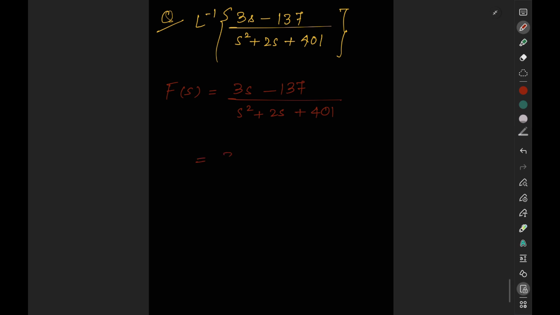So this can be written as 3s minus 137 upon s square plus 2s plus 1 plus 20 square. Now in the numerator we can write this as 3s minus 140 plus 3, so that we can make 3s and 3 together, upon s plus 1 whole square plus 20 square.